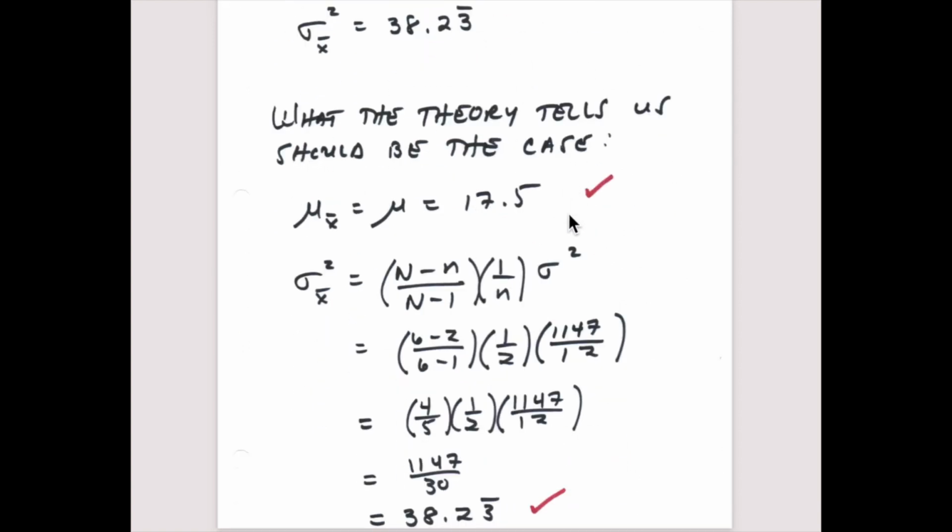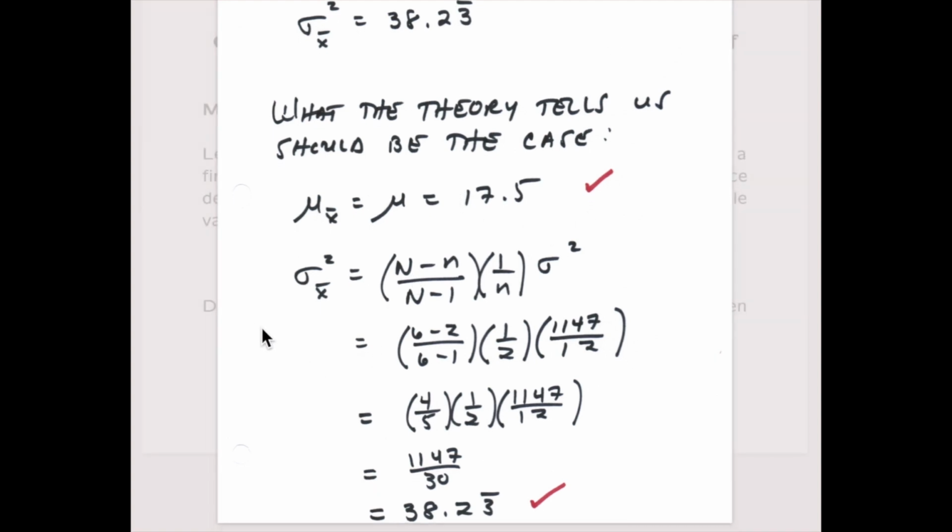Now, what the theory tells us should be the case is the following. Based on the theory that we stated previously, the mean of the sampling distribution of x bar should be equal to mu, the mean of the underlying population, which was 17.5. We calculated that a few slides ago, and that's indeed the case.